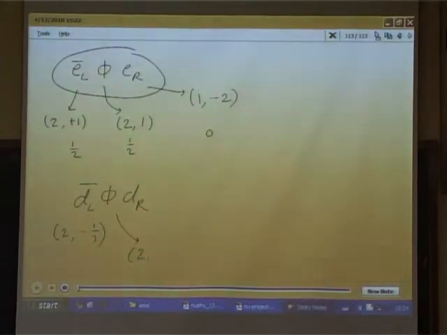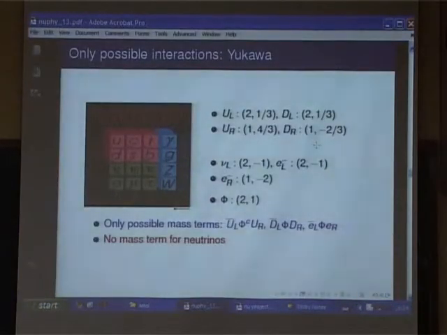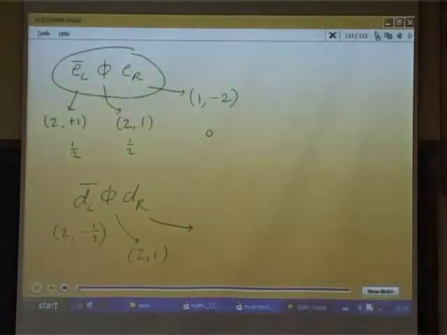Phi is (2, 1), and D_R is (1, minus 2/3). So Y matches and also the isospin addition matches. So you can have this.